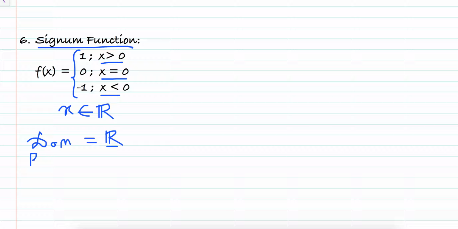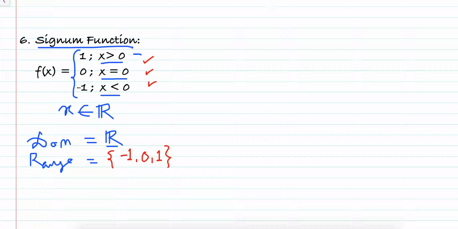And what's its range? Whatever the value of x, it can take any of these values. So either it will be 1, 0 or minus 1. So the range is just this set, minus 1, 0 and 1.